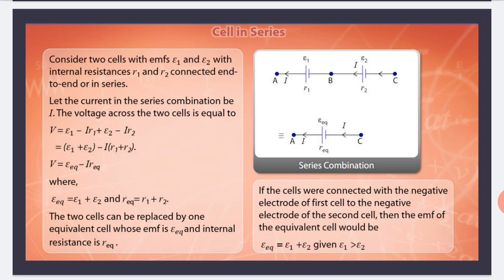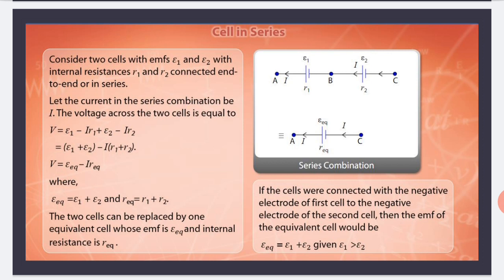There are two cells whose EMFs are E1 and E2 and internal resistances R1 and R2, connected in series. The current I flows from C to A as in the given figure, and the equivalent circuit is given below, with E equivalent, that is equivalent EMF, and R equivalent, that is equivalent internal resistance. Here we find the expression for both.